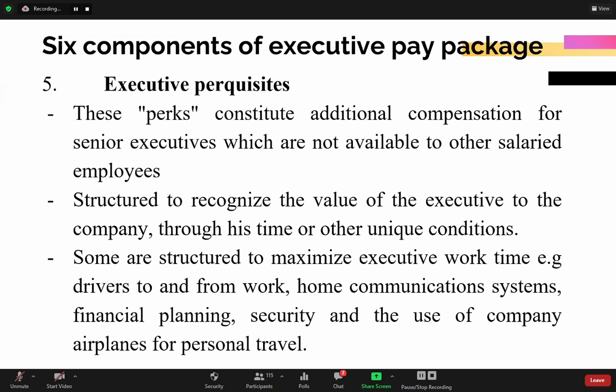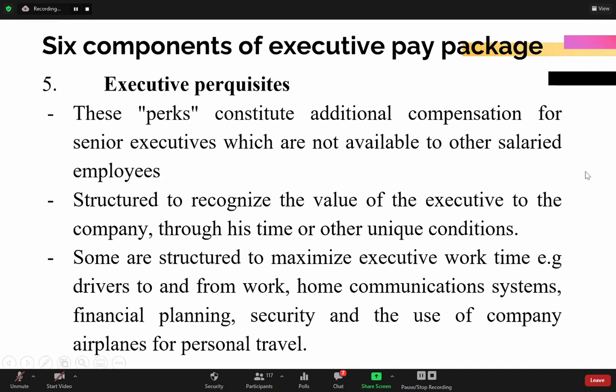executive perquisites. Perquisites, you can picture them just as perks or things given to motivate them for their value and time with the company. And they are structured to value the executive of the company through their time or unique conditions which show that they actually brought a lot of benefits to the company by being in the company.